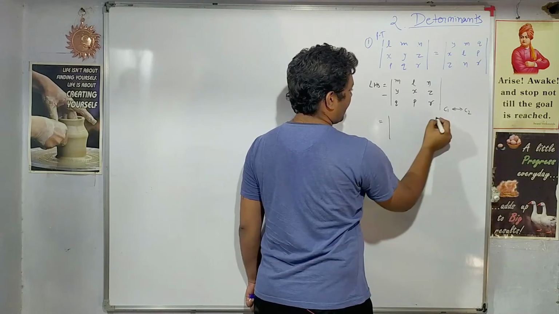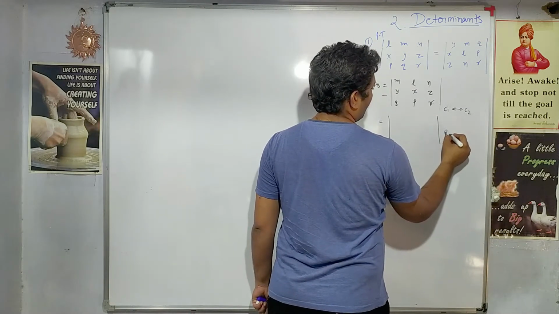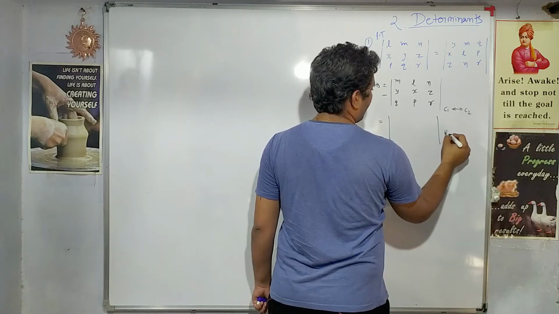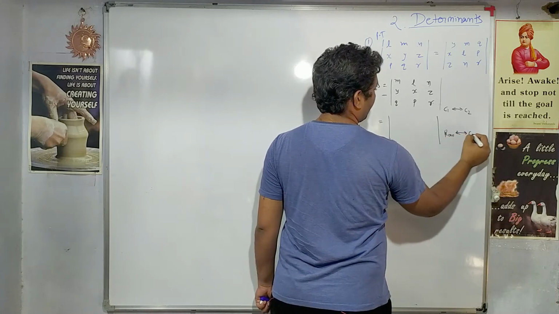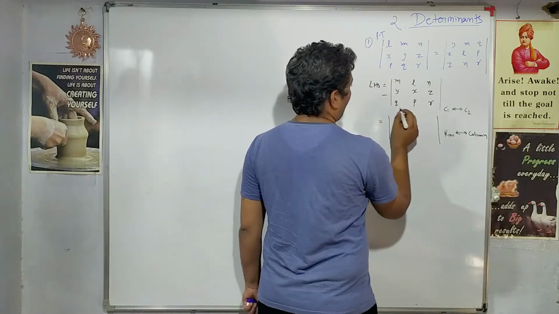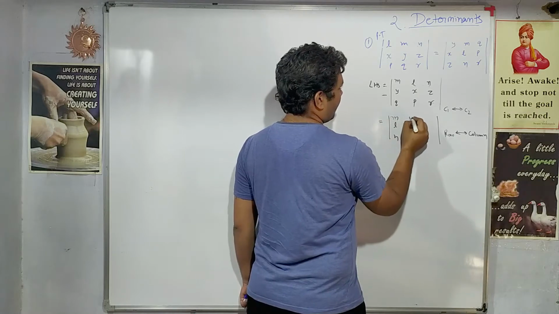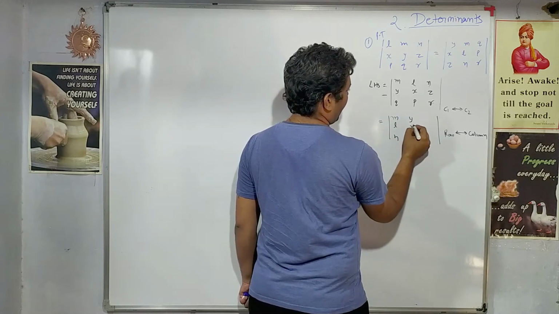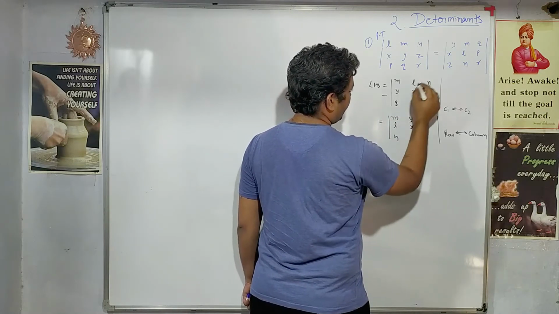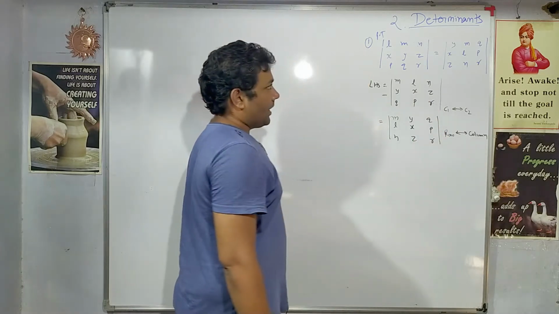So next operation I would prefer is interchanging rows and columns. I can write it in symbolic form this way: interchanging rows and columns. So all the rows will become columns: M, L, N, Y, X, Z, then Q, P and R, right?